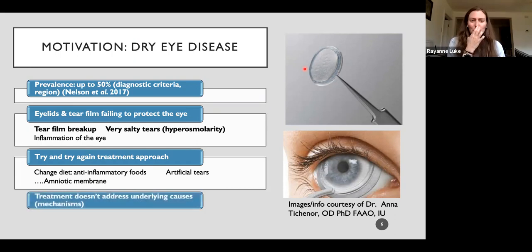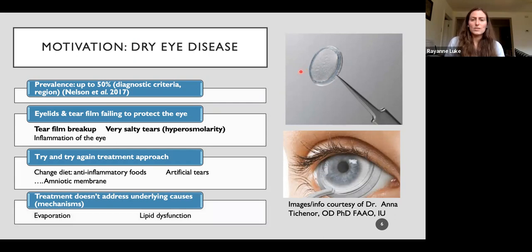So we would like to try to address the underlying causes of dry eye disease, while the treatment is currently only addressing the symptoms. Those underlying causes or mechanisms are evaporation and lipid dysfunction, which thankfully we build into our models.